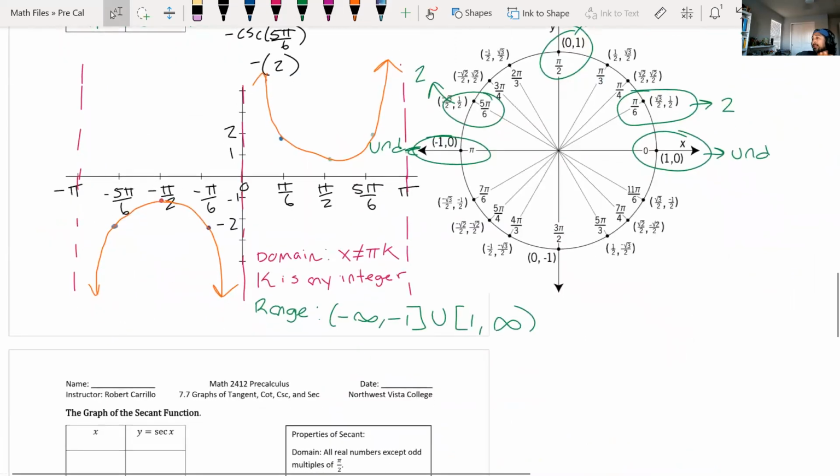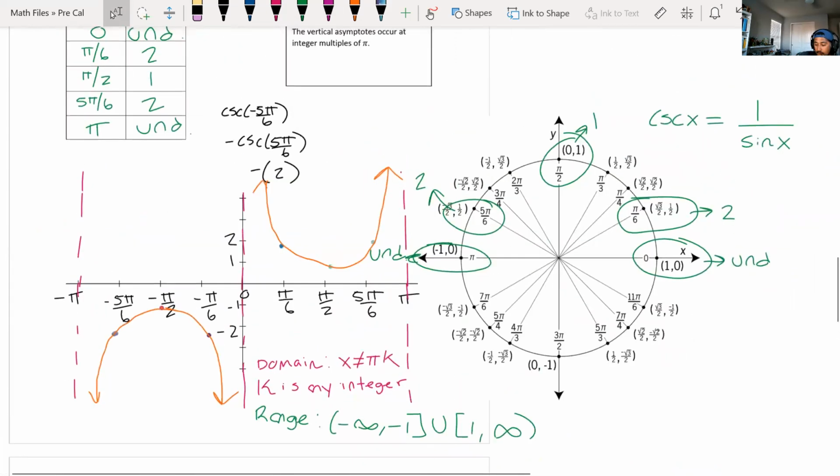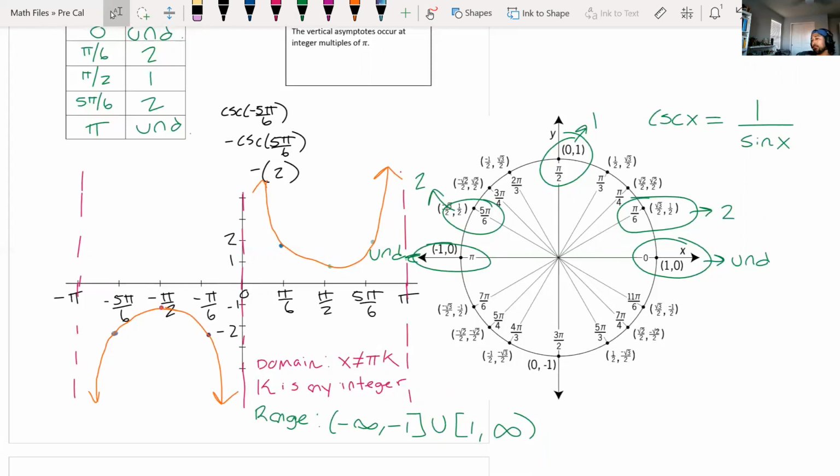All right. So that's cosecant. On my MyMathLab, for that domain, is it going to ask us the exact thing, like x can't equal pi k? Yeah, I think it's going to have you type it in like that. It's either going to be pi n or pi k. It might be the fancier representation though.